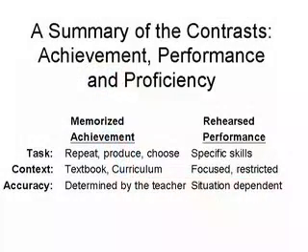Okay, let's come back to that theme again, achievement, performance, and proficiency. And let's review it in terms of three components: the task to be accomplished, the context in which it occurs, and the accuracy expectations. Starting with achievement. What's the task? Repeat, produce, choose from among the right answers.